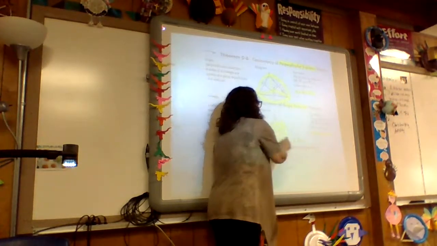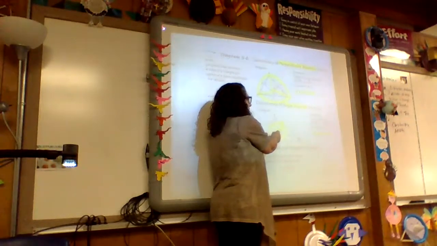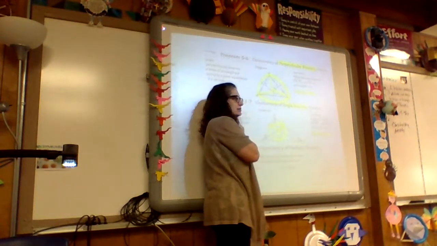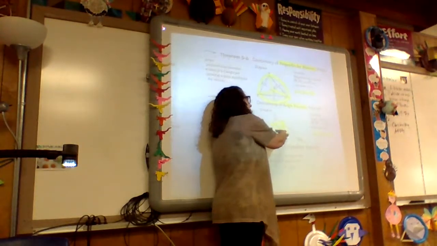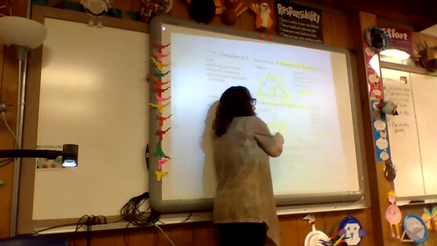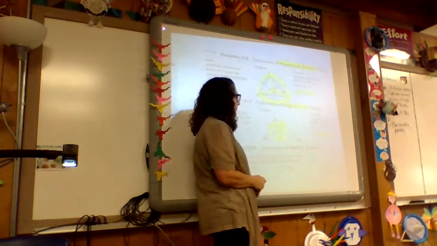But this time from the incenter, it's equal distance to the edges. So distance from here to here, from here to here, from here to here, those are the same. And again, because it's a circle, those are the radius lengths of your circle, so they are equal.